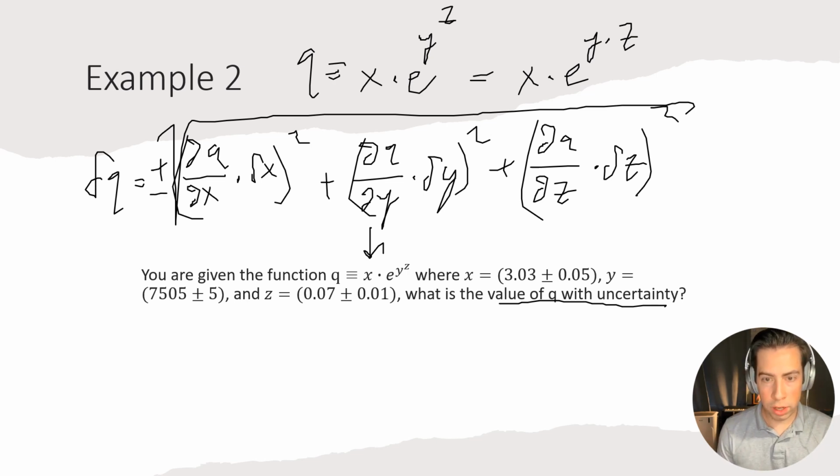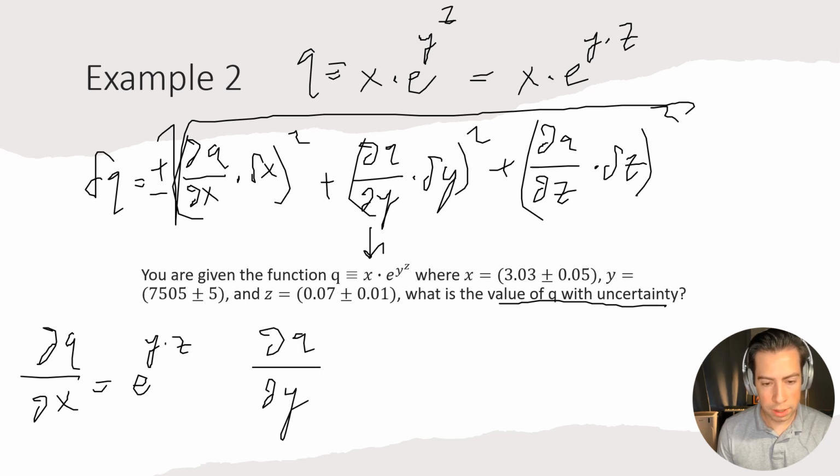So what I'll do is I'll just go ahead and compute these derivatives. So the derivative of q with respect to x, well, that's just going to be e to the y times z. The derivative of q with respect to y, well, now we're going to have to use the chain rule. So I'm going to get x times z times e to the y times z, and then I will do the same thing, but now with respect to z.